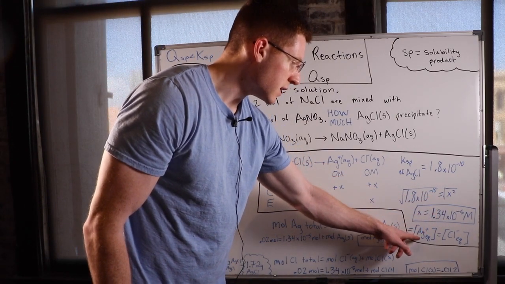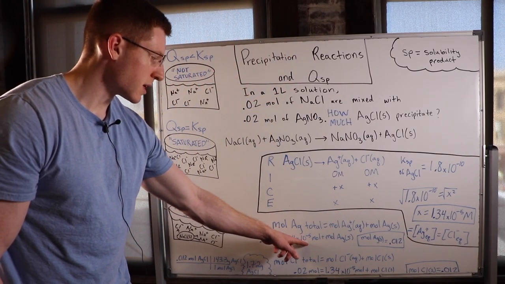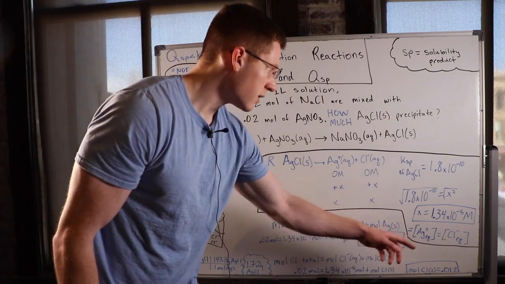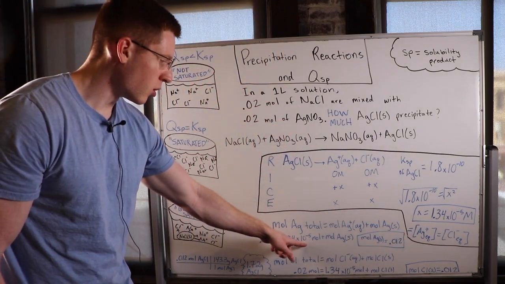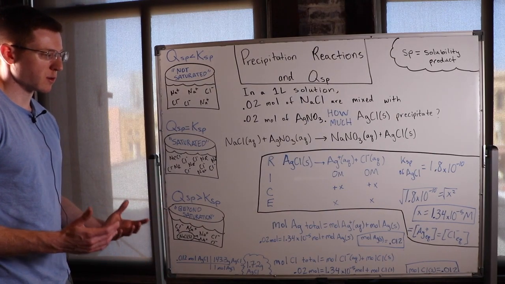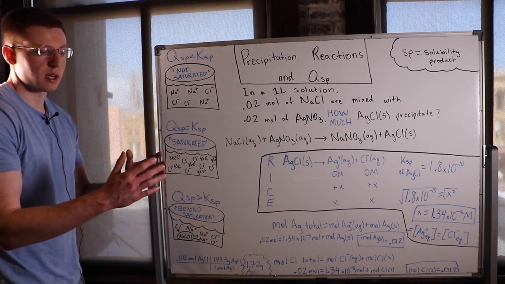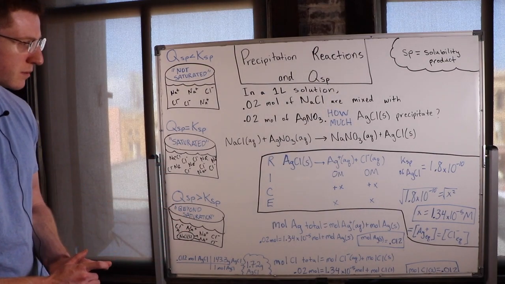We solve for the equilibrium concentration of silver, and we get that to be 1.34 times 10 to the negative 5 molar, and since it's 1 liter, we know this is 1.34 times 10 to the negative 5 moles. So that is the maximum amount of silver ions that can be out here in the solution. Any more than that, and they start to become solid.